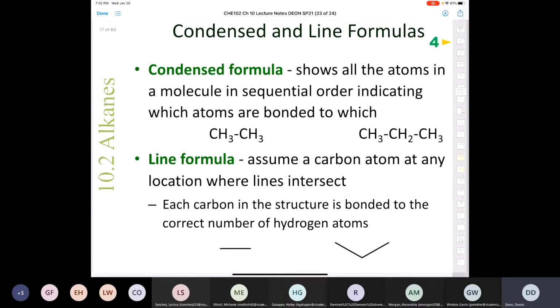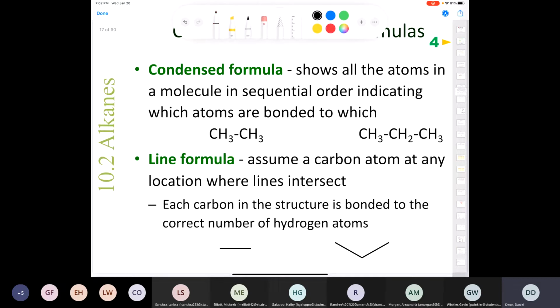The first one is to use a condensed formula. If you think about the structures on the last page, we had this one, CH3CH3. This is called ethane. Instead of writing out all the carbon-hydrogen bonds explicitly, in a condensed formula you eliminate the carbon-hydrogen bonds and show all the atoms in sequential order, indicating which atoms are bonded to which.